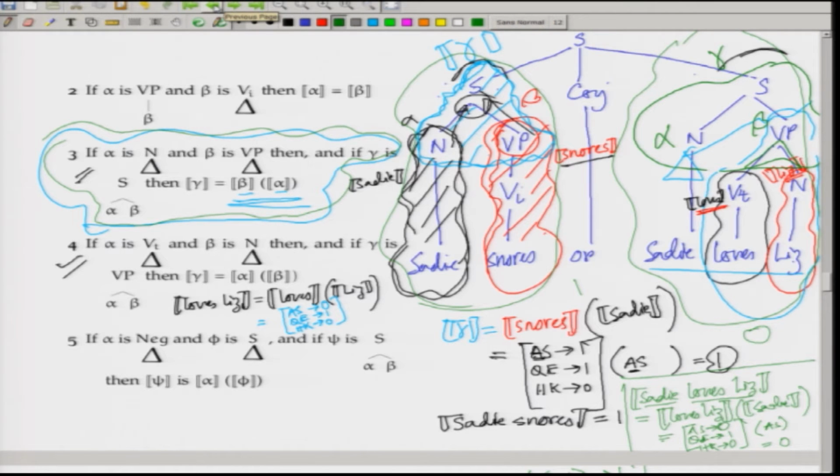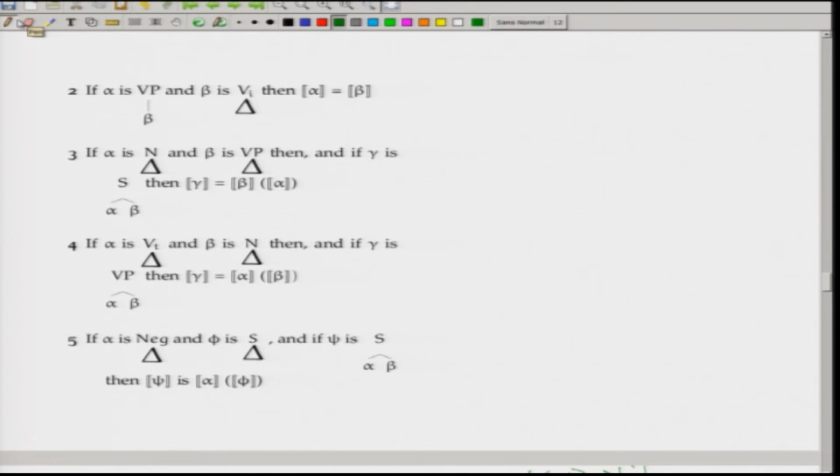We have seen all of the rules, so 5 we need to consider. We have done 1, 2, 3, 4 and 6. We haven't done rule 4, or no, we have done rule 5. That is what we need to consider.